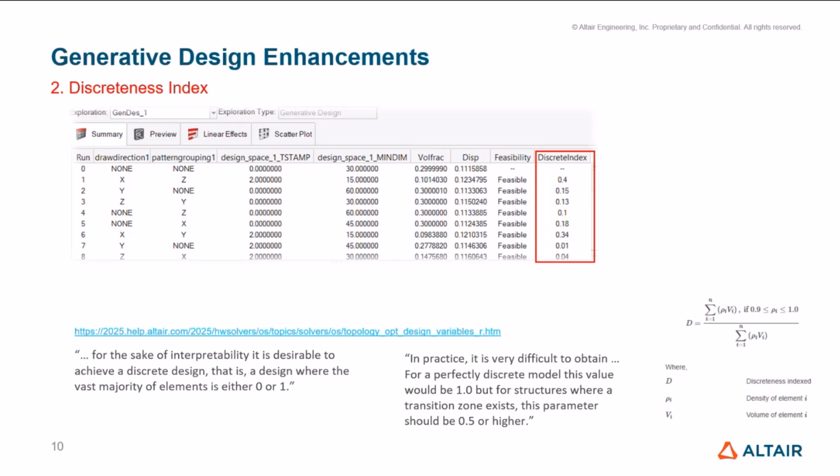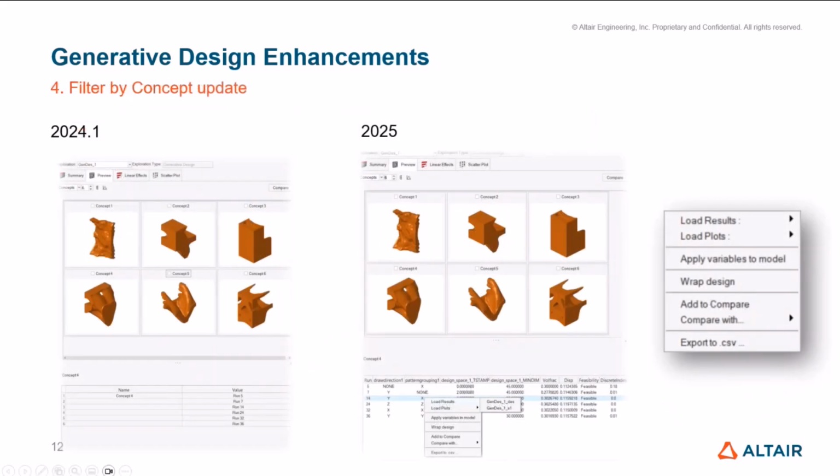There's an algorithm used here to return the number of elements that are greater than 90% on relative to the entire model. That's the measure in a nutshell, and it's just another tool for allowing users to determine which designs are more discrete and more desirable in that way.